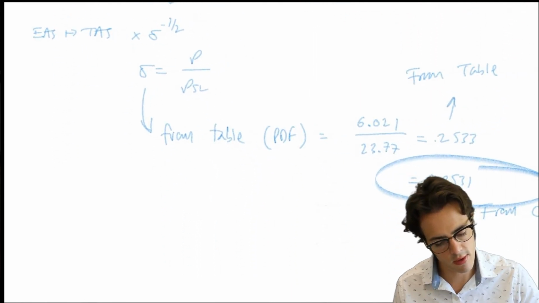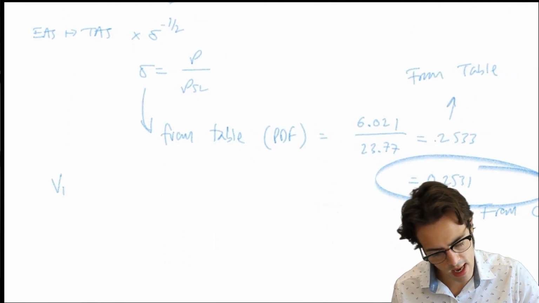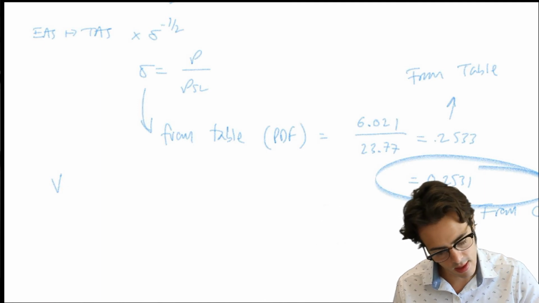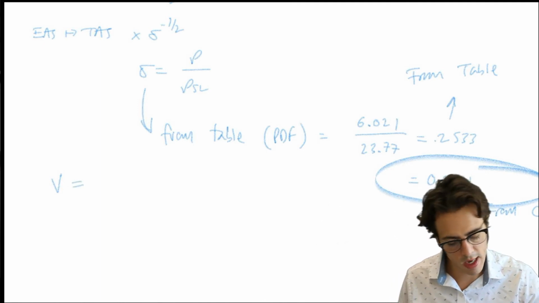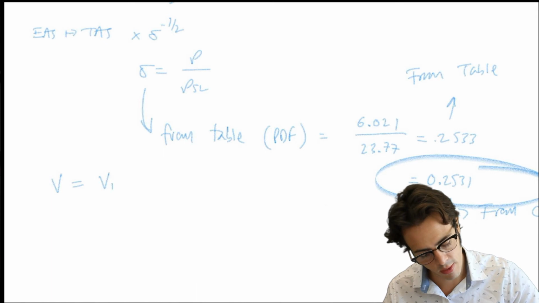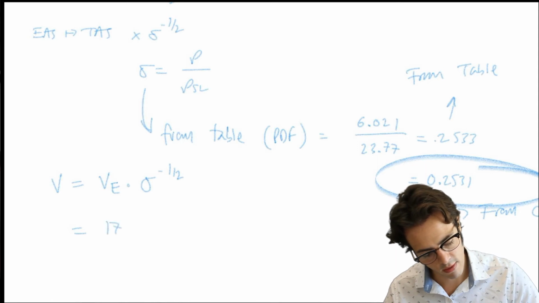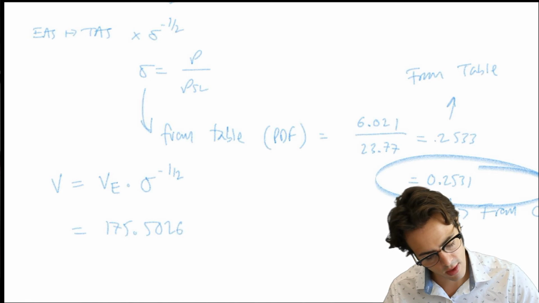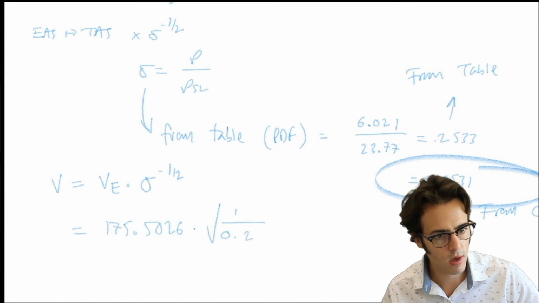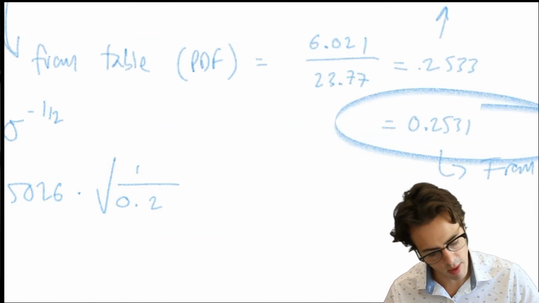So we've got VT, sorry, the true airspeed, which is just V without a subscript, is equal to VE multiplied by sigma to the minus a half. So that's going to be equal to 175.5026 knots multiplied by the square root of 1 divided by 0.2531.